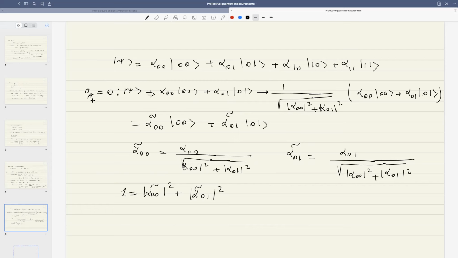So you're not going to find that 0 in the measurement. If you found it, then there must be some finite probability in the original pre-measurement state. Okay, so then that's a positive number, and it's real. So then squaring it just gets rid of the square root, and then for alpha 0,0, we just find the absolute value squared of it. And then for this one, we have a similar story.